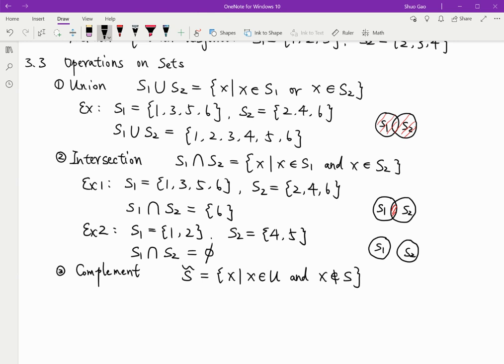Okay, so complement. First, we need to give you a definition of a universal set. Definition: a universal set includes everything under consideration.